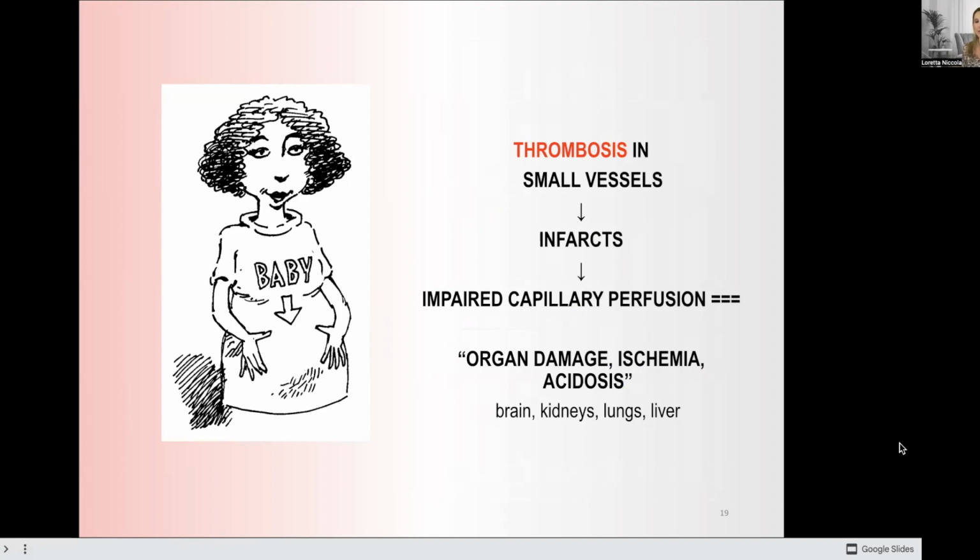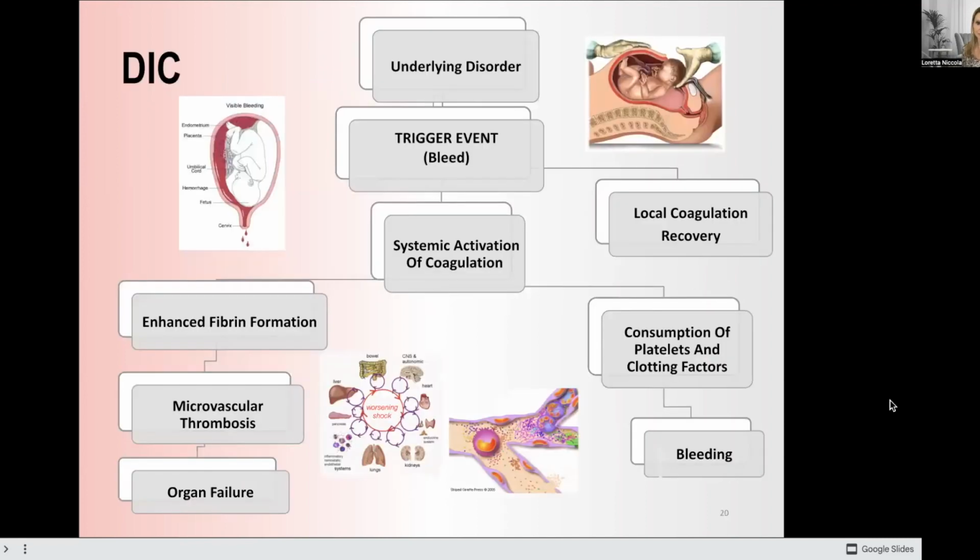So now when we think about this, think about the main organs, the brain, the heart, the kidneys, the lungs, the liver. And it can include any vessels to any of these organs. And then we have organ failure, and it could ensue to multi-organ failure.